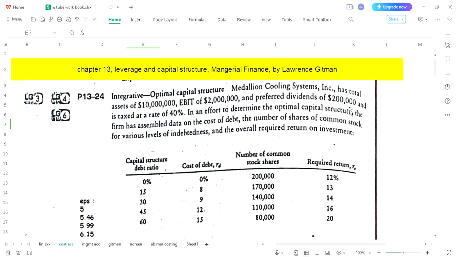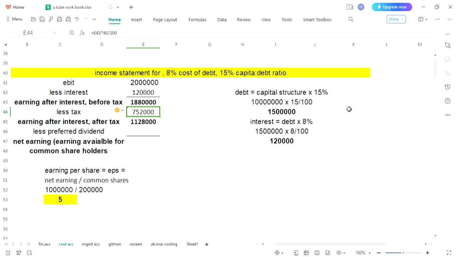Preferred dividend is 2 lakh, common for all statements. After that you can calculate your net earning by subtracting preferred dividend from previous income. 11,28,000 previous income, you will subtract your preferred dividend 2 lakh. So finally we have got our net earning 9,28,000, which is basically earning available for common shareholders.